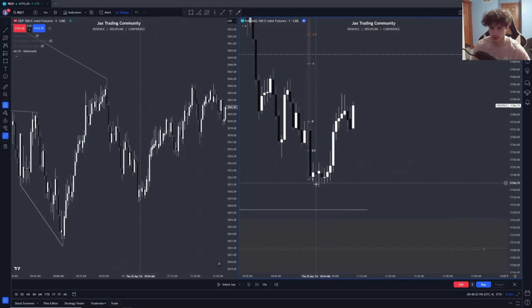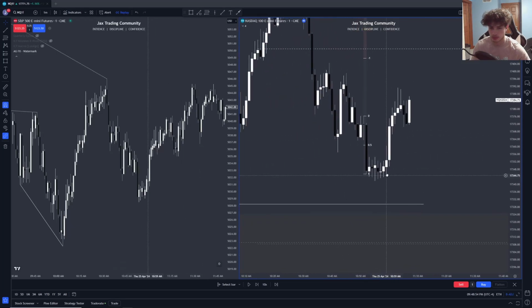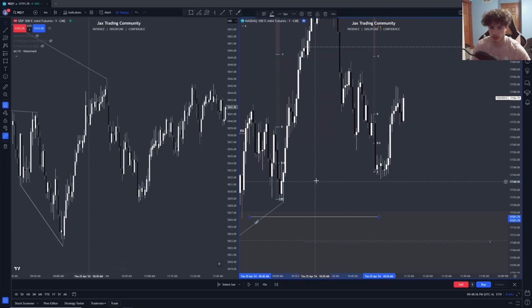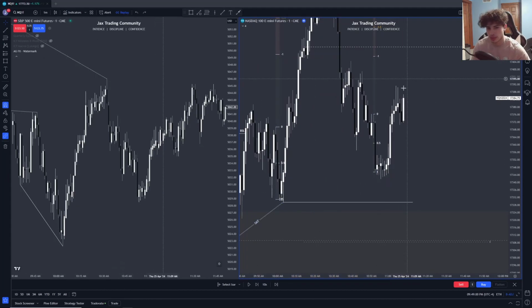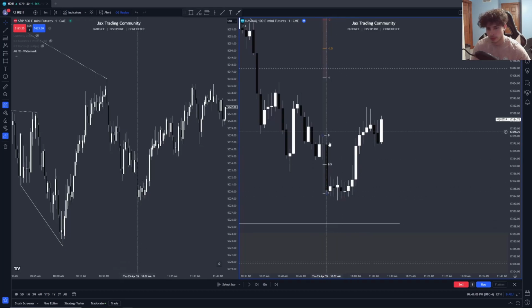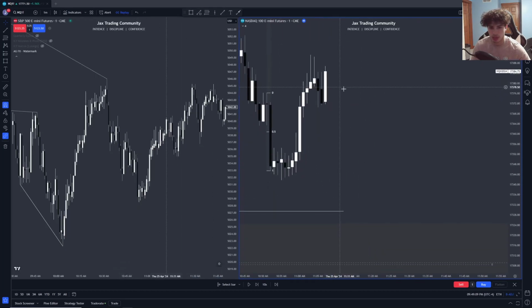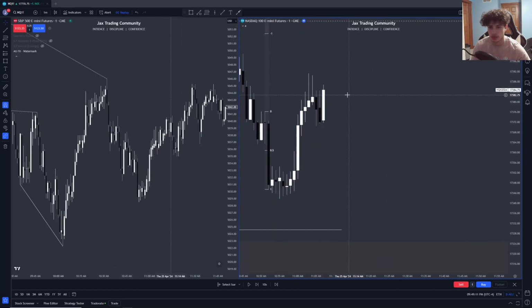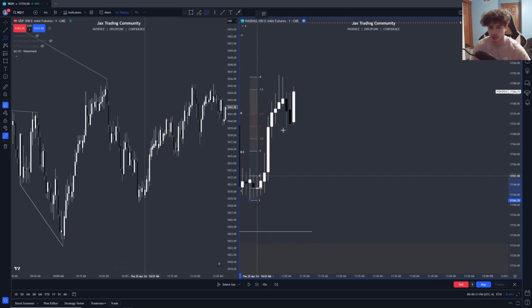Now with this right here, if this is a protected low, we put in a low here, and then we get this massive displacement up. We're most likely not going to come back down here, and this does look like a good manipulation leg. So what I could expect is we may see some sort of fractal price action.